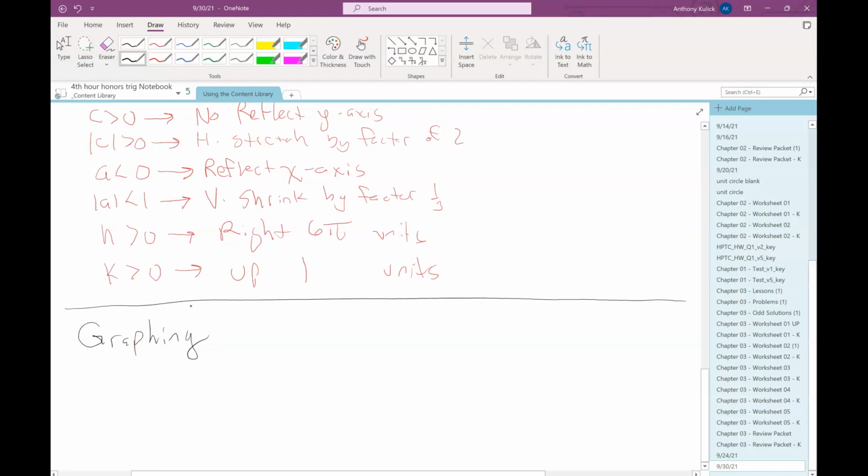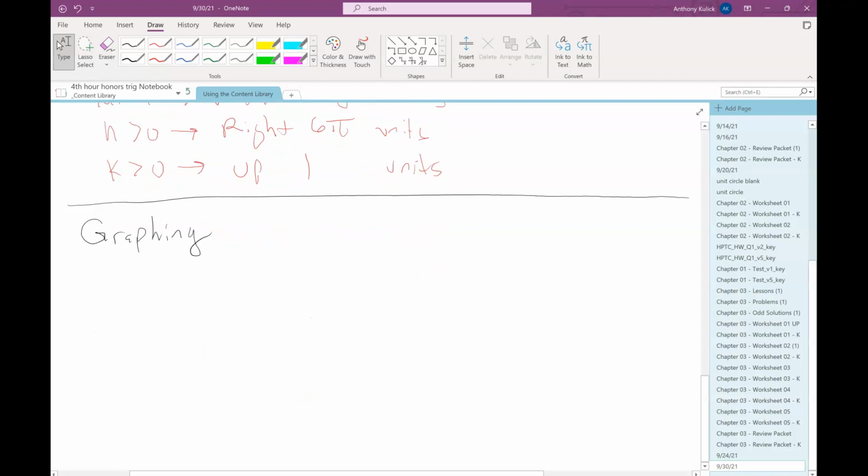So let's talk about graphing now one of these sine or cosine functions. To graph one of these, we're going to be transforming points from the parent function into points in our transform functions using this transformation map.